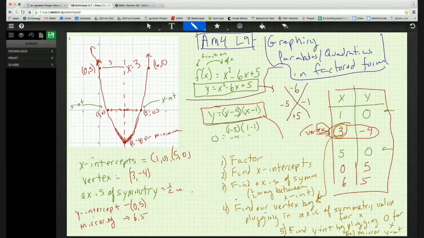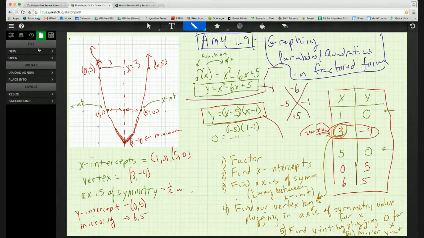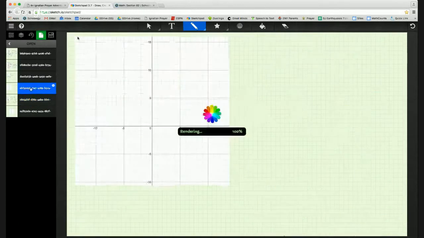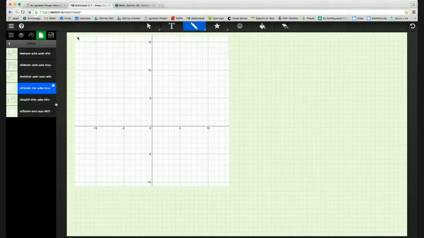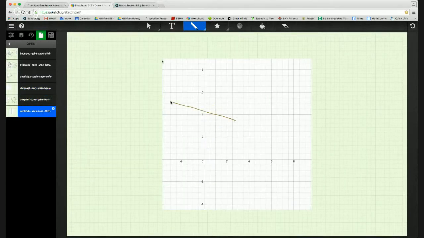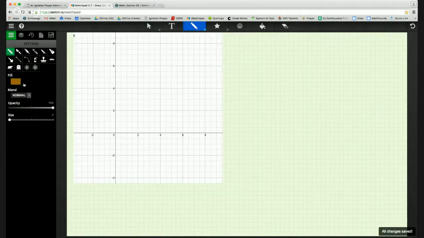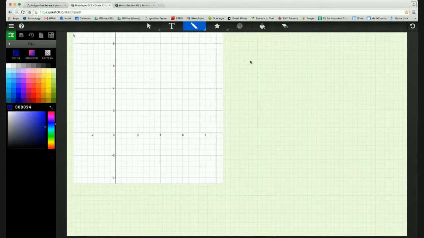So here's our next example. Just a sec, we're going to open one more. Here, whoops. And our example will be y equals 2x squared.